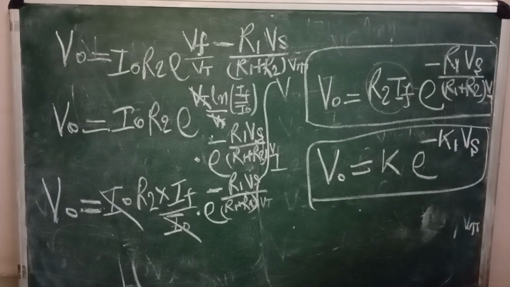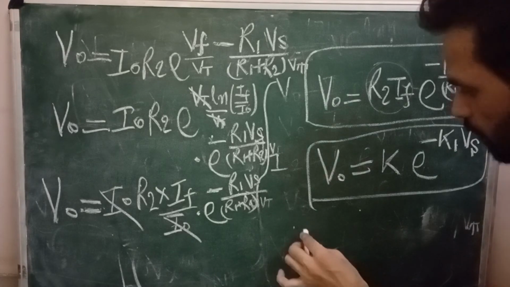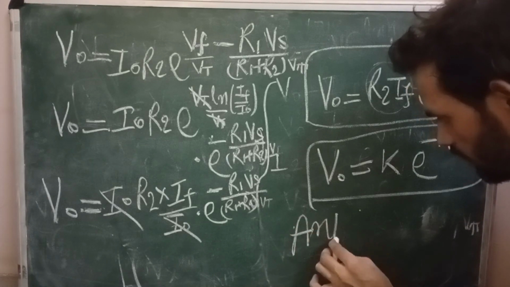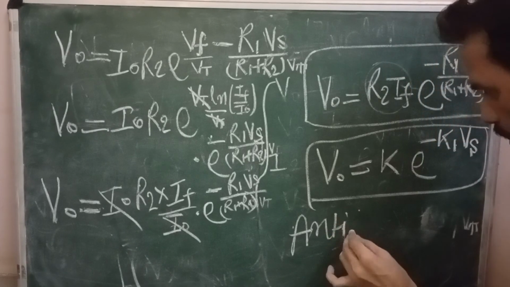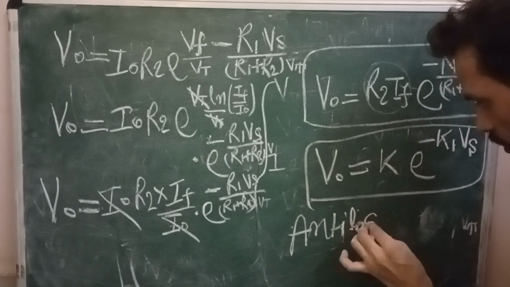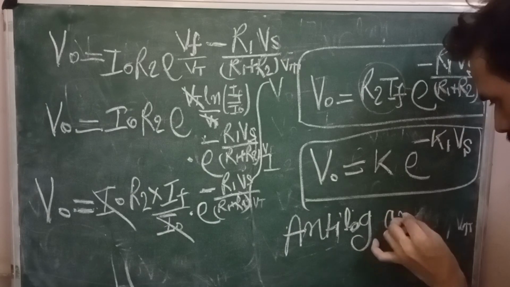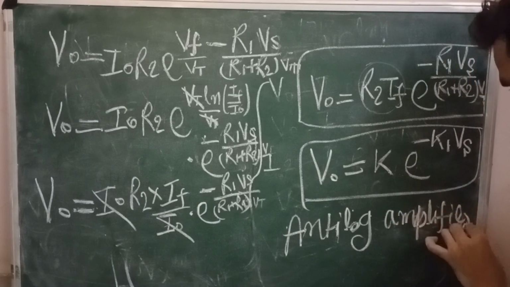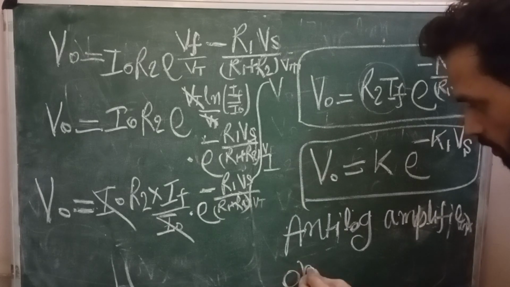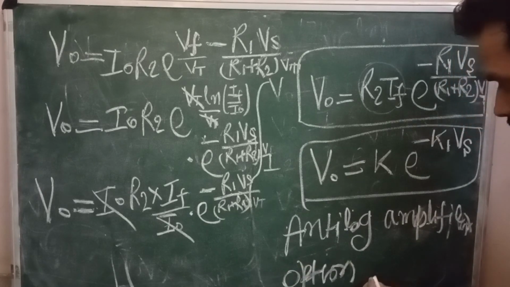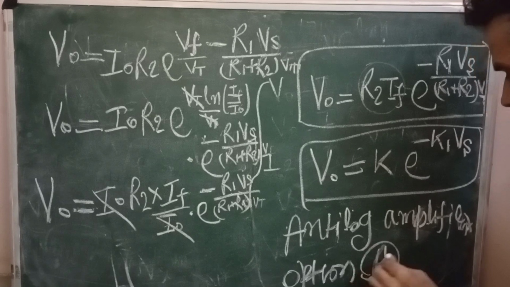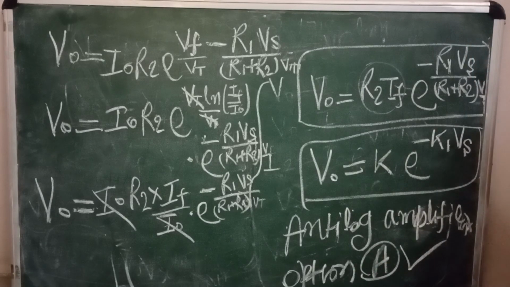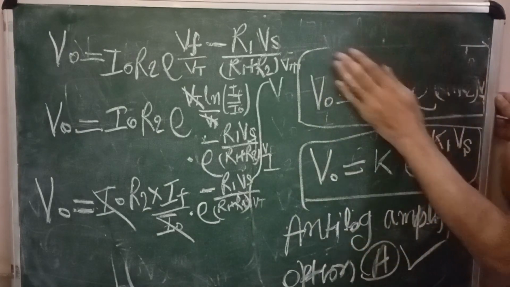It is an anti-log amplifier. So hence option A is correct. This is the final answer. Now let us see the next question.